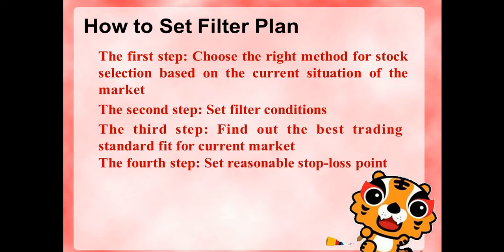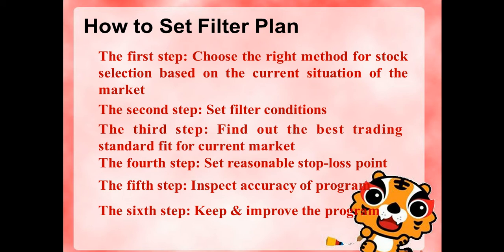Okay. So firstly, let's see how to set the filter plan. The first step, choose the right method for stock selection based on the current situation of the market. Because we know recently the market is a little high, you cannot filter some stocks like oversold. Okay, it's not suitable.